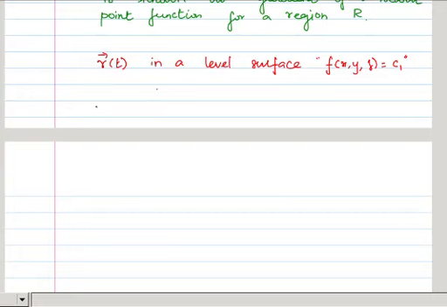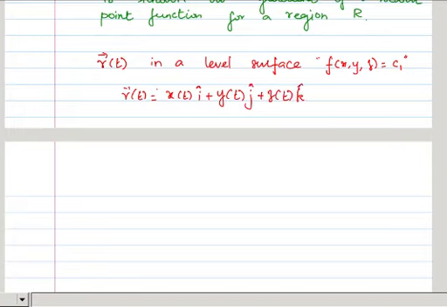Here r of t is defined as x of t i cap plus y of t times j cap plus z of t times k cap. So t is the only independent variable, and x, y and z are dependent variables. That is how we write the parametric form of the curve r of t.